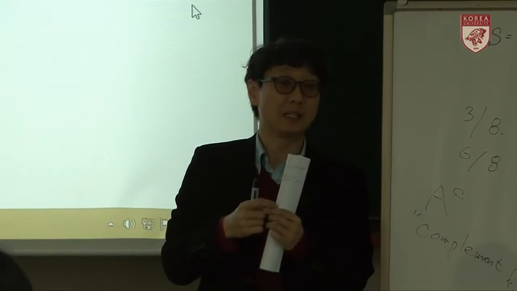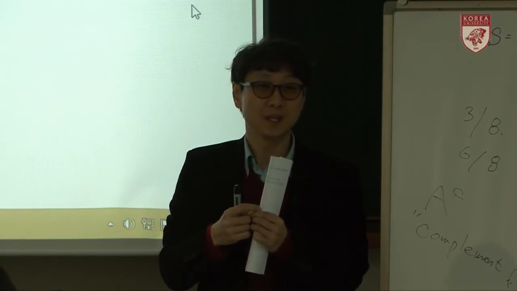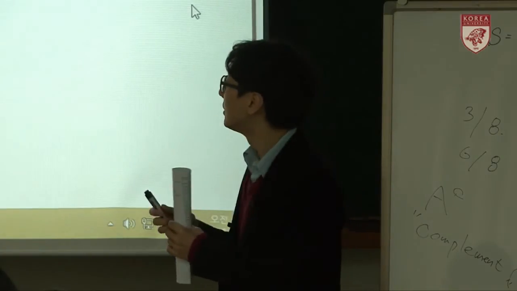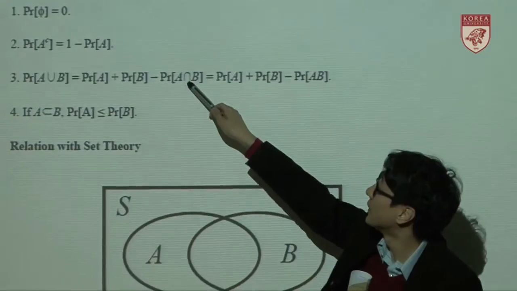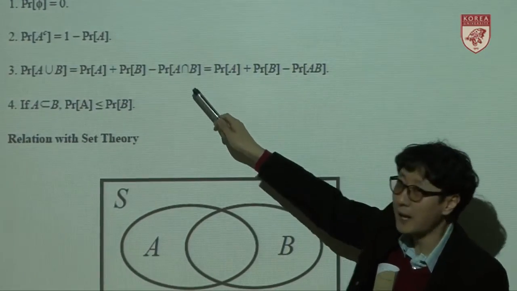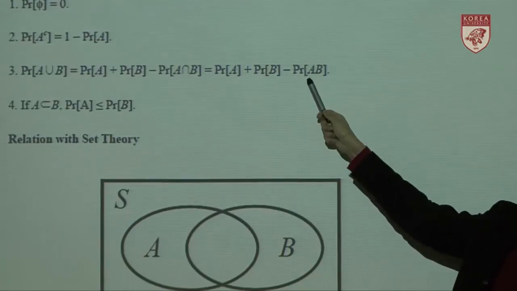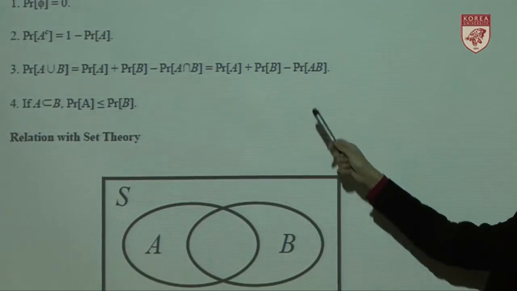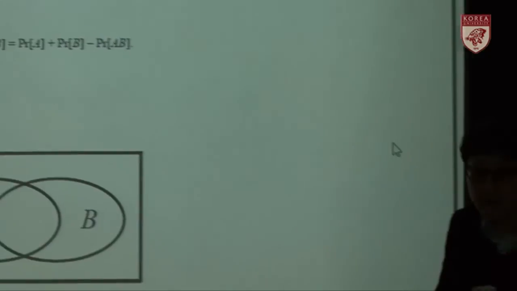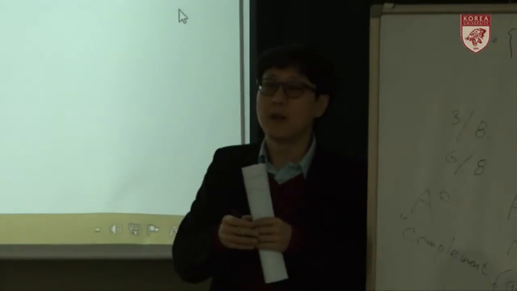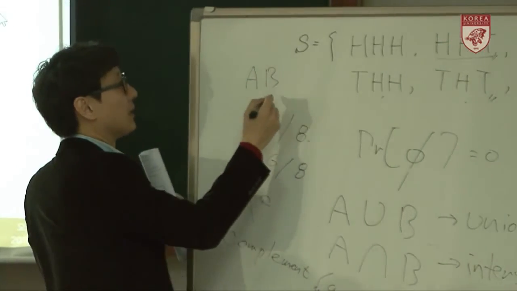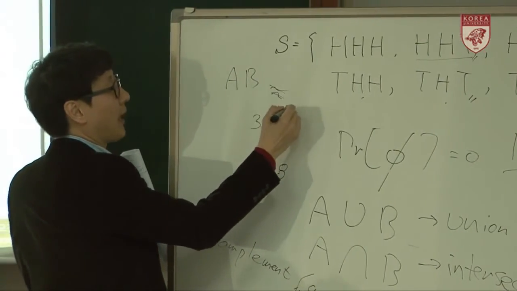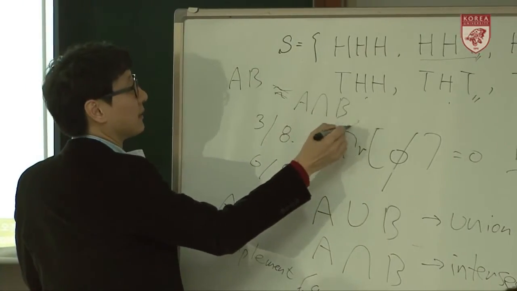Am I right? That's the definition of the intersection. So that's why people usually omit the intersection symbol and just use AB. When you use AB, that means the event that commonly occurs between A and B. That we usually denote AB, which is equal to A intersection B.